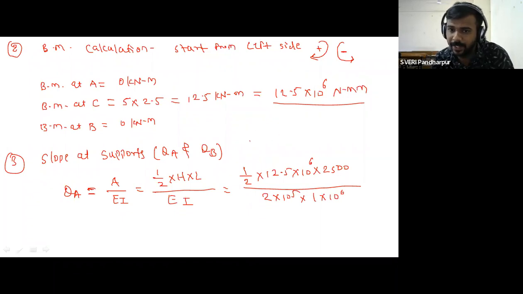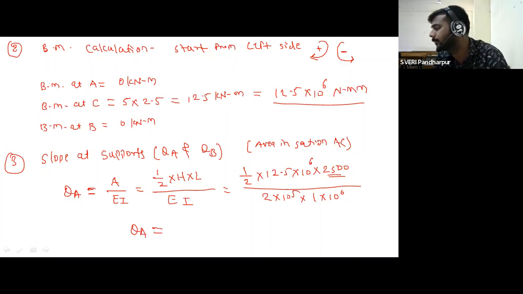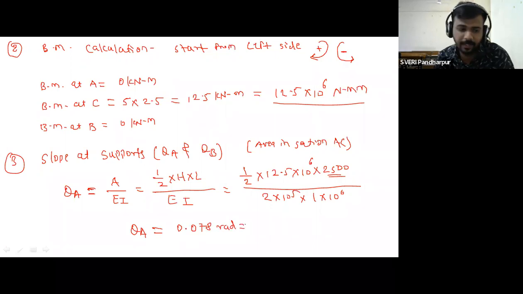तर ह्या ठिकाणी जे आपण एरिया घेतलाय, राईट डाउन एरिया इन सेक्शन AC. बाय मिस्टेक वी आर टेकिंग द लेंथ 5 मीटर, पण 5 मीटर लेंथ घेऊन चालेल का आपल्याला? नो. सो थीटा A is equal to 0.078 radian.